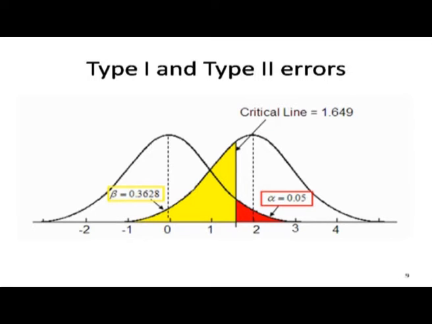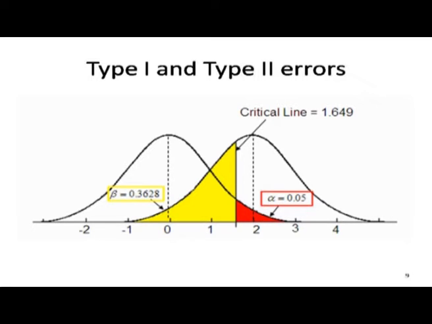Now, imagine that you reduce your alpha to 0.01, you move towards right hand side of this point. What will happen? This area under second distribution will expand.